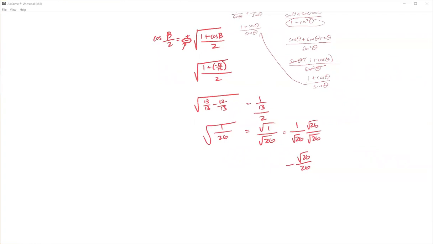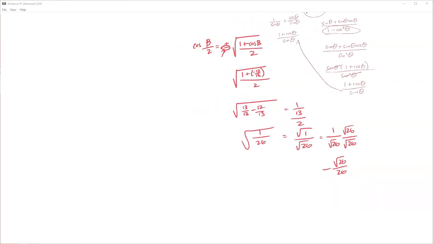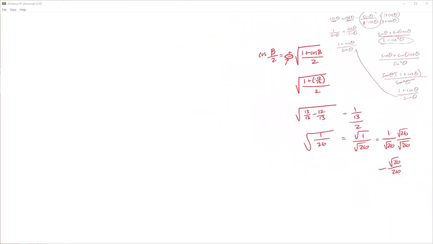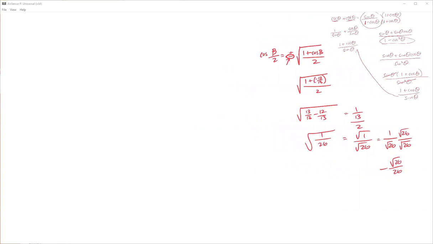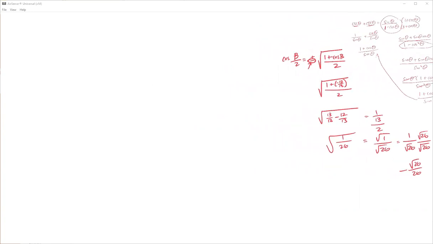All right, and last one, you're using the sum identity of sine.